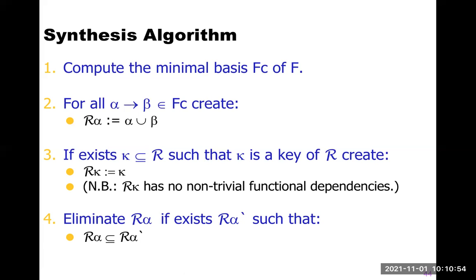So that's the synthesis algorithm. The main step is first to compute the minimal basis, and then the additional third step. And another additional step: if I see that I have tables that just repeat a bigger table, I need to remove the smaller table.